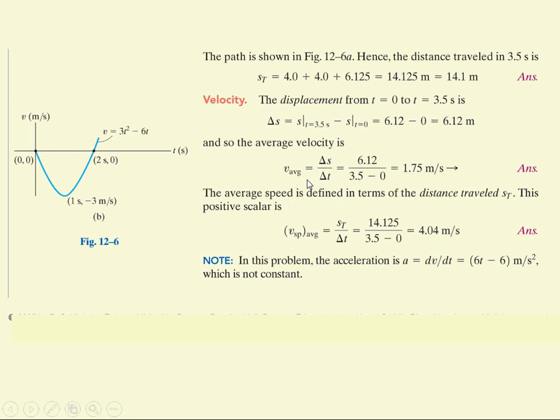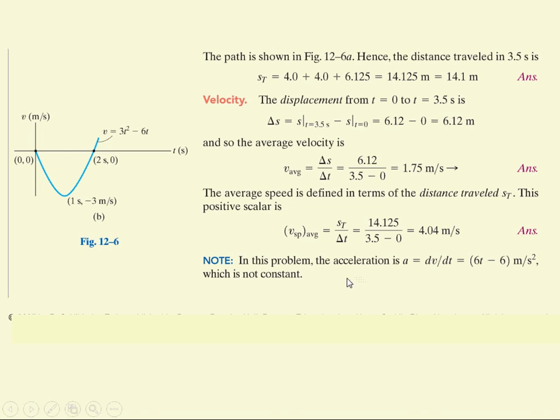The average velocity is delta s over delta t. Delta s is 6.125, delta t is 3.5, that gives 1.75 meters per second. Then the average speed is defined in terms of the distance traveled, so the speed is the total distance over delta t. This would be 14.125 divided by delta t, and that is 4.04 meters per second.